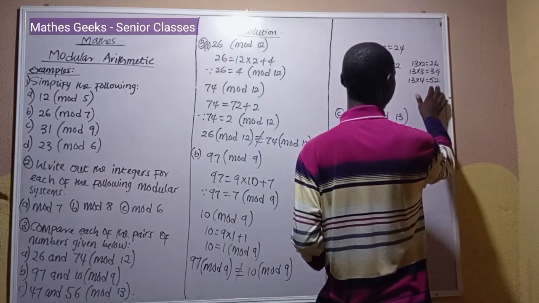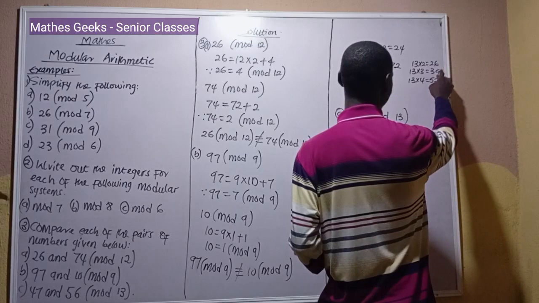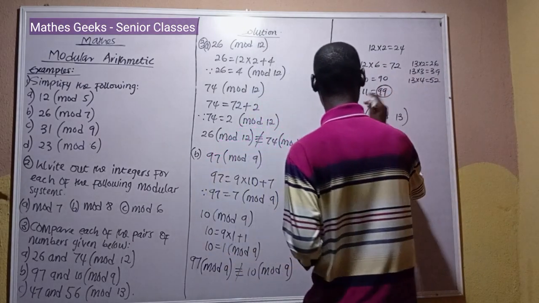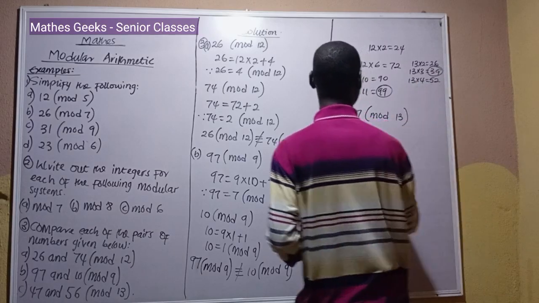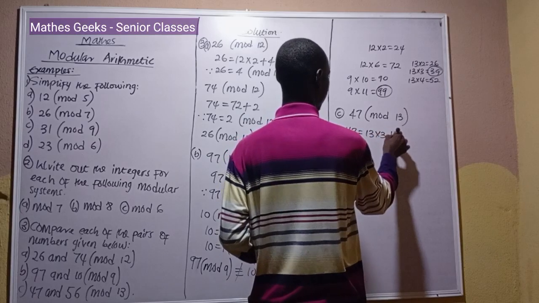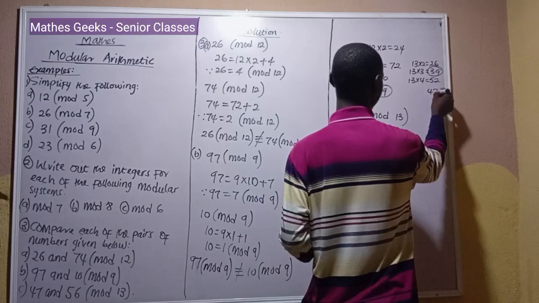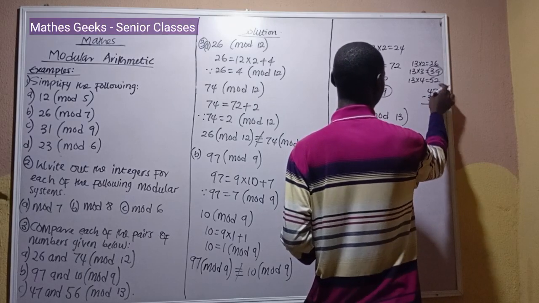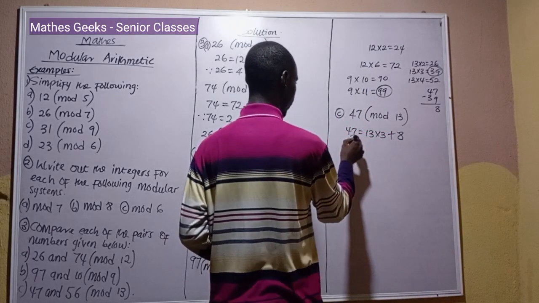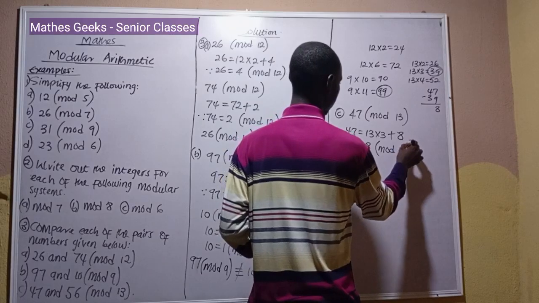So the closest here is 39. So that's 13 times 3. What will be added to 39 to give us 47? 47 minus 39 is 8. So the remainder is 8. So 47 is equal to 8 in mod 13.